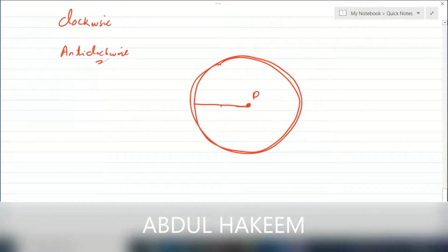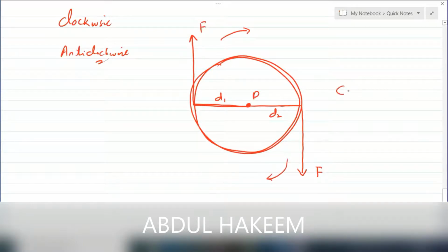This side distance, suppose d1, this side distance, suppose d2. Now one force is acting in this direction, which is F, the other force acting in this direction, which is also F. Now both forces are trying to rotate in the same direction, clockwise.